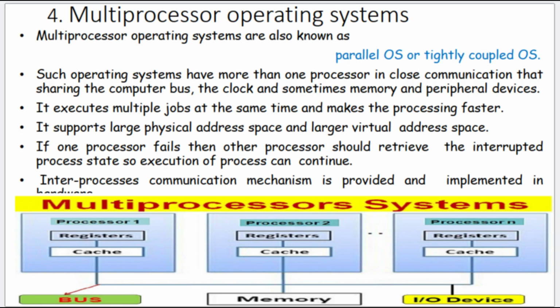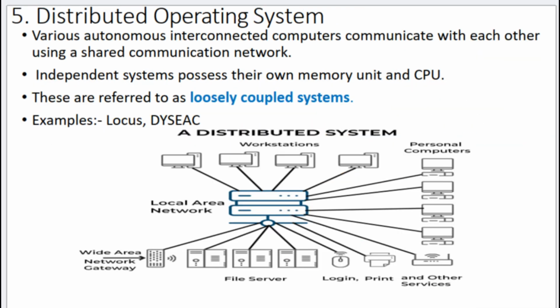It executes multiple tasks at the same time and makes the processing faster. It supports large physical address space and larger virtual address space. If a processor fails, the other processor should retrieve the interrupted process state so execution of the process can continue. Inter-process communication mechanisms are provided and implemented in hardware.